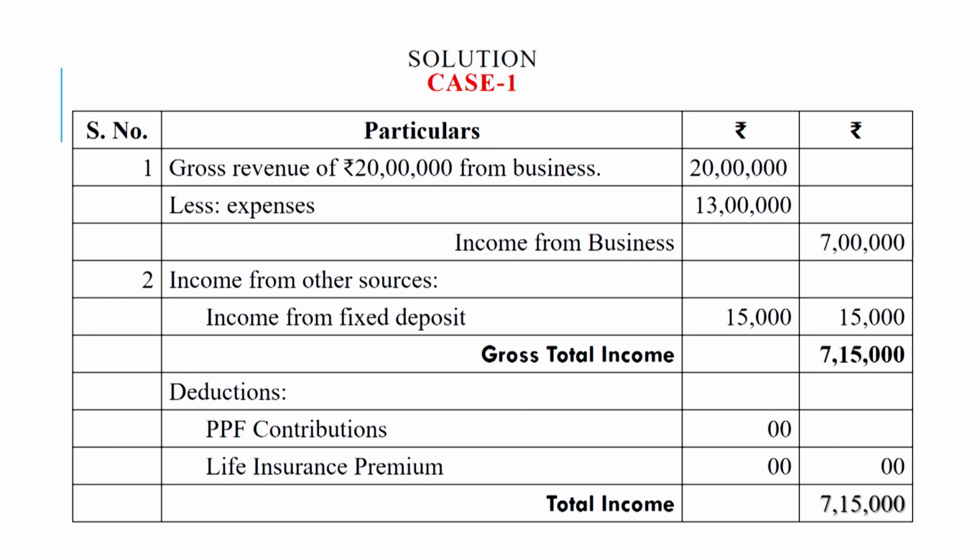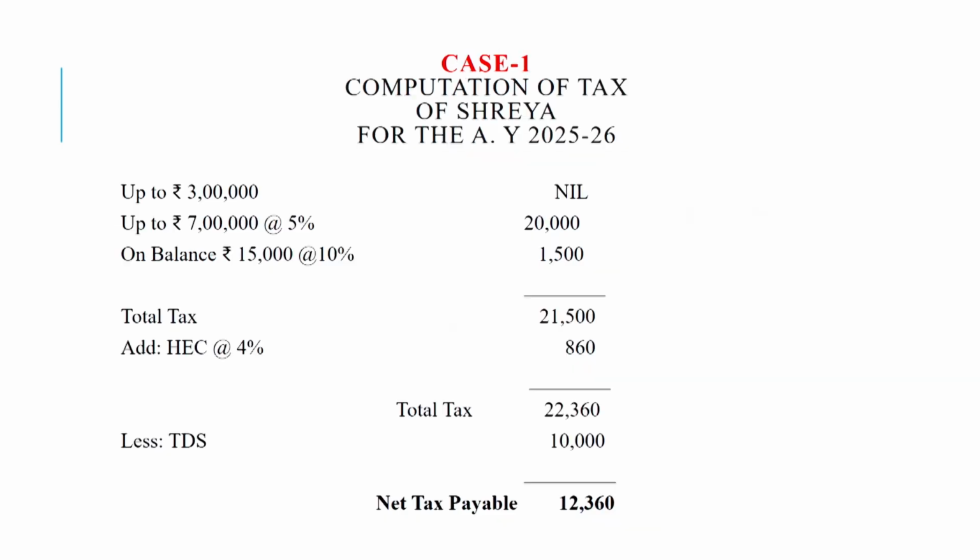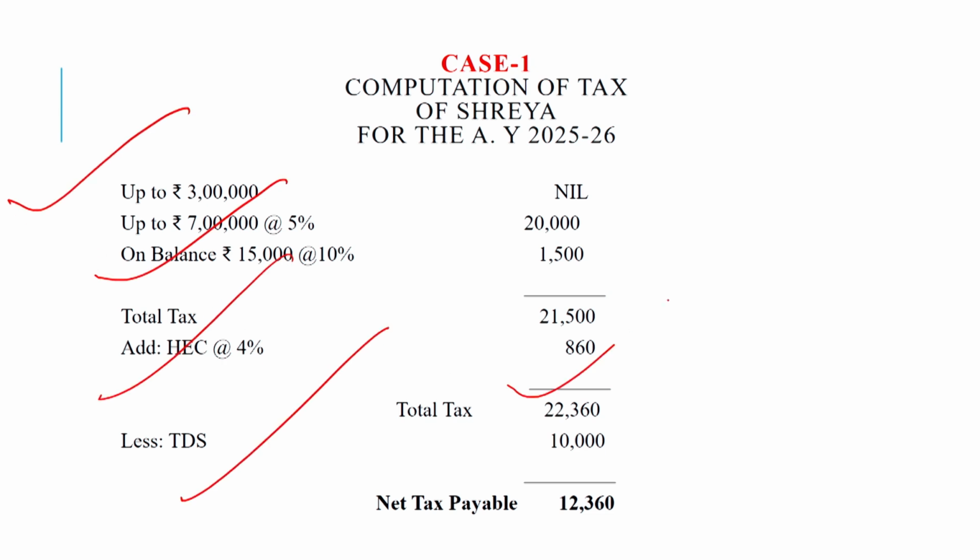After computing the gross total income as well as the total income, it is required to compute the amount of tax, and the computation of tax is shown in this slide. Please pay attention. Up to rupees 3 lakh, no tax.